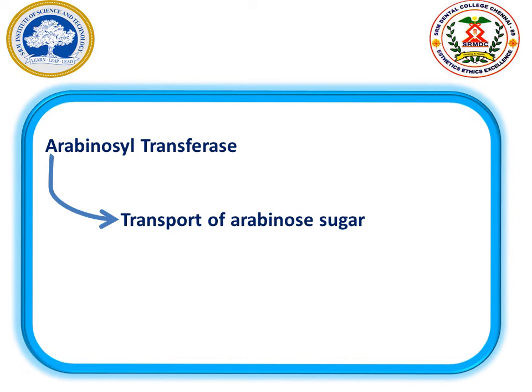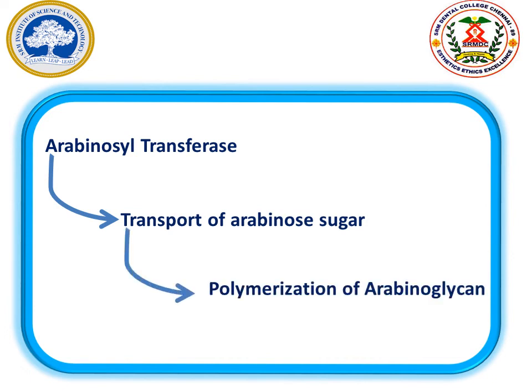After transporting the arabinose sugar, it gets accumulated and it leads to the next step, that is the polymerization of arabinoglycan. The polymerization of arabinoglycan forms a complex structure leading to the synthesis of the cell wall. So this is one mechanism by which the cell wall is synthesized.